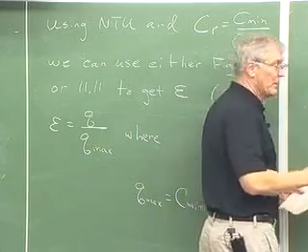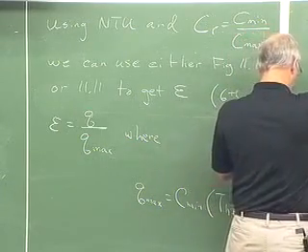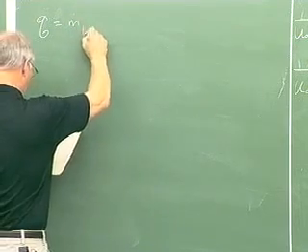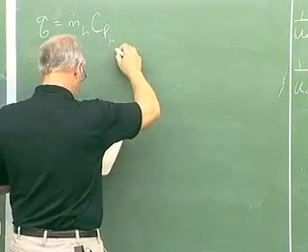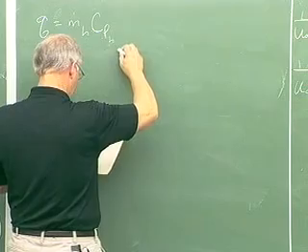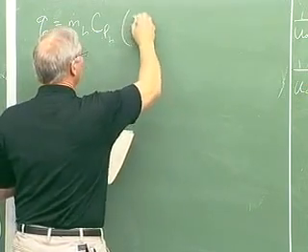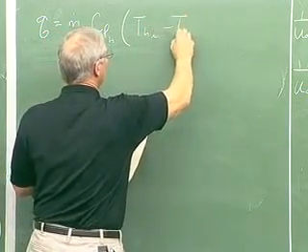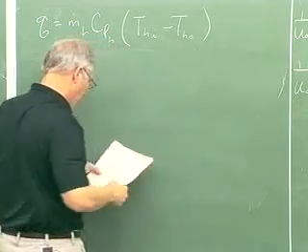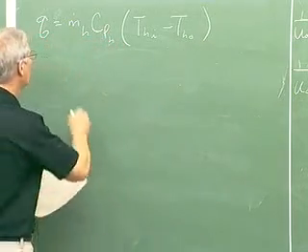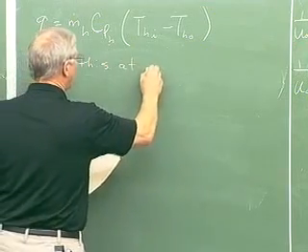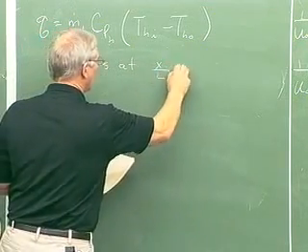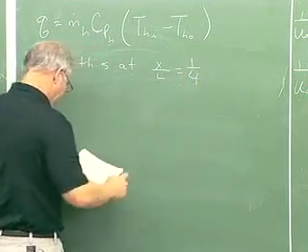All right, we've already done this. We know that Q is equal to m dot H Cph times T hot in minus T hot out. We can do that at x over L equals 1/4.